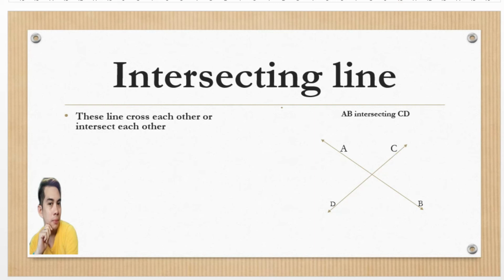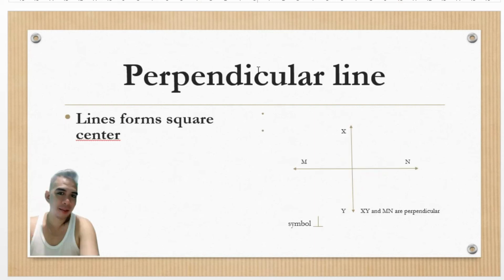Another one, perpendicular lines. Lines form a square in the center. So, for example, line XY and line MN. Mapapansin nyo po siya, masasabi rin po natin siyang intersecting line. Kasi bakit po yung intersecting line kanina? Bakit po nagtatagpo din po sila o nagko-cross din po sila? Ang kaibahan po nilang dalawa, yung perpendicular ay maka-form ka ng square at the center.